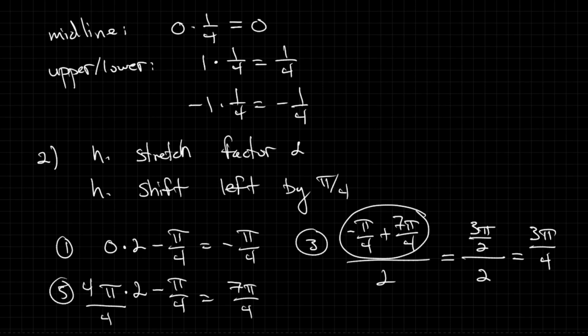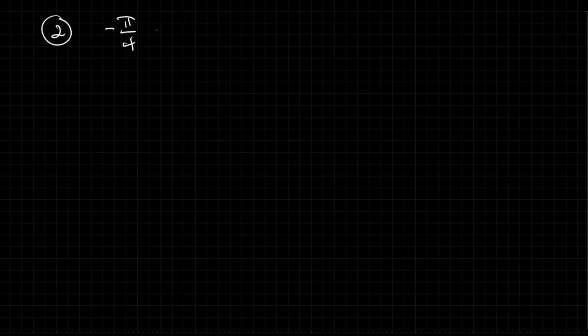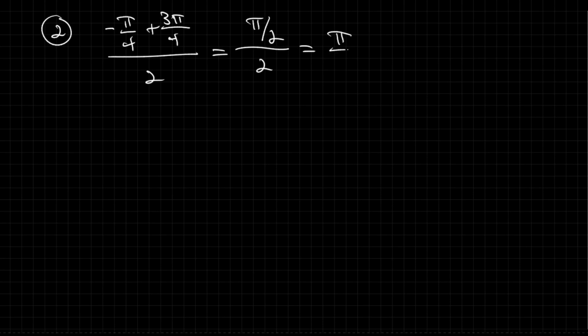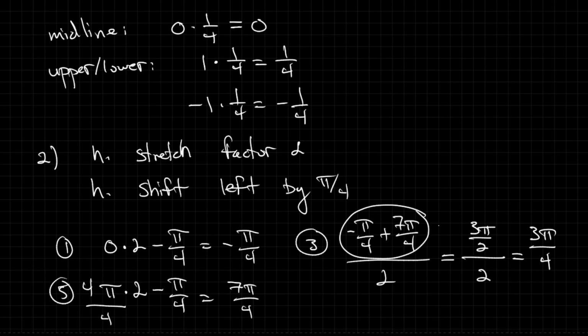Then to get our second, we'll find what's halfway between the first and the third, so negative pi over 4 plus 3 pi over 4 divided by 2, so that's 2 pi over 4 in the numerator. 2 pi over 4 is the same as pi over 2. Dividing by 2 gets us pi over 4. And then finally, this fourth coordinate is halfway between the third and the fifth.